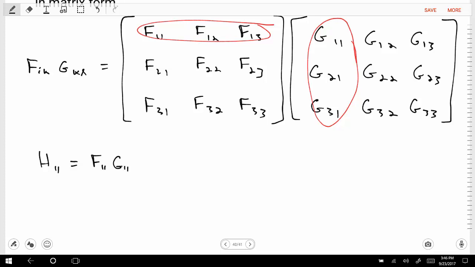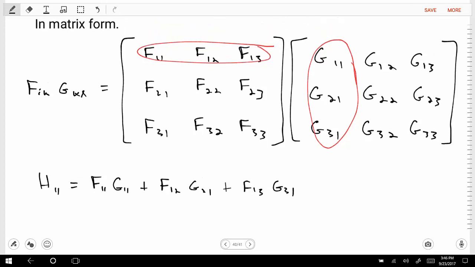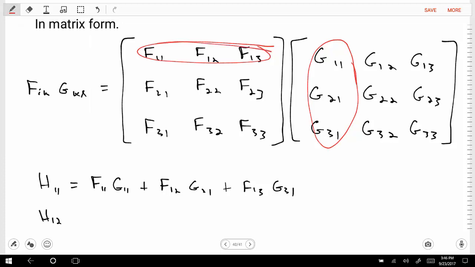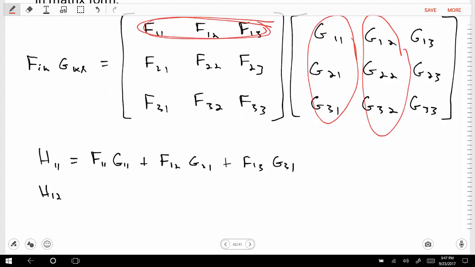F11 G11 plus F12 G21 plus F13 G31, right? Now if we want to do the next term in H, the term H12, where it's on row 1 in column 2, we're going to do that with row 1 of F and column 2 of G, right?